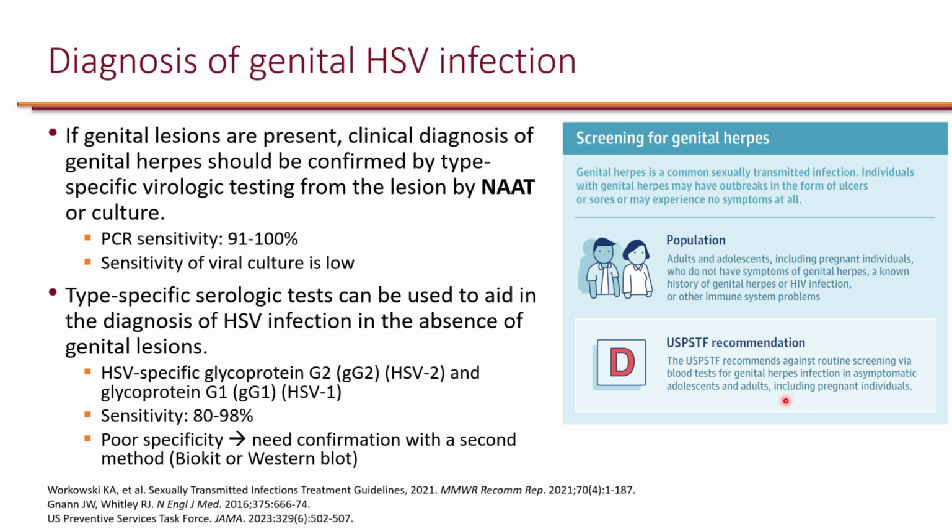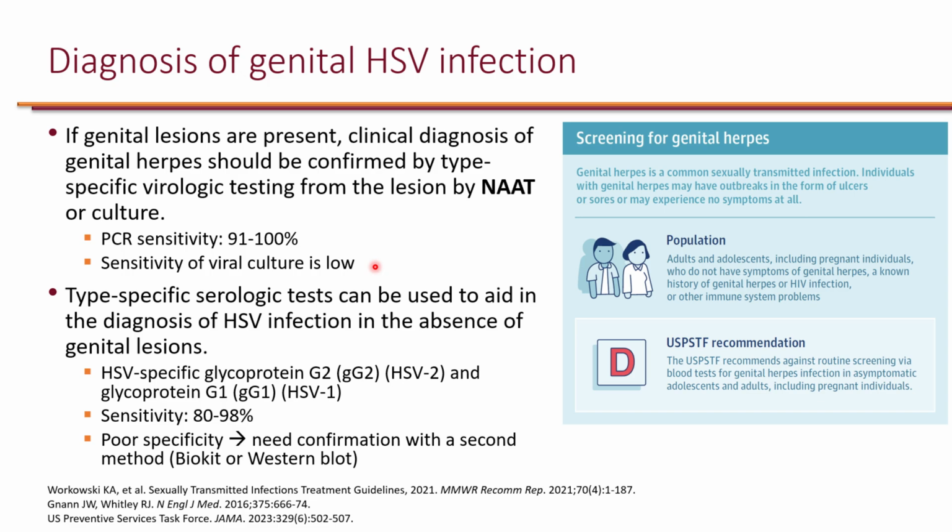It's only when people have symptoms that you essentially do the NAT and diagnose them with genital herpes. Now, when people do have genital herpes, those ulcers actually increase the risk of HIV transmission. So for that reason, all persons with genital herpes should be tested for HIV.